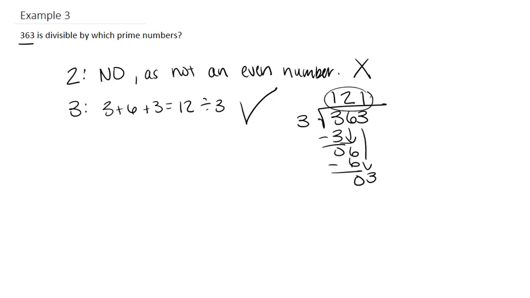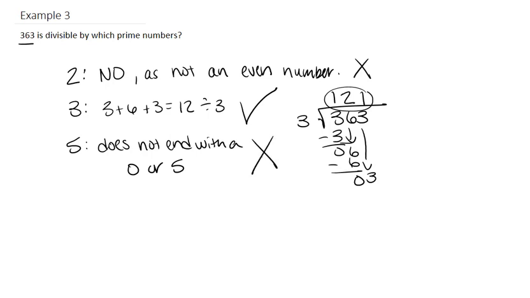So now we're left with 121. So we see that it does not end with a 0 or 5. So it does not work for 5. So it's not divisible by 5.